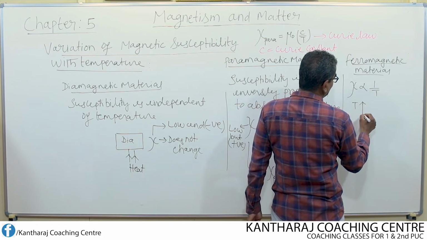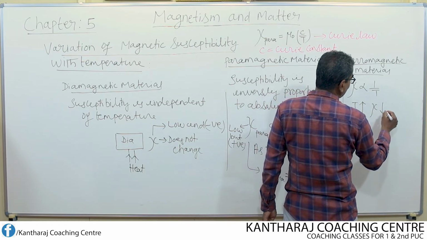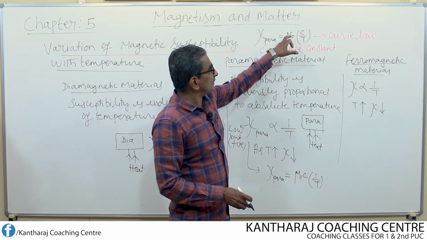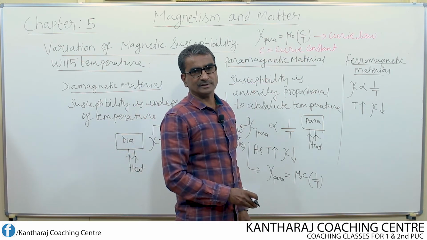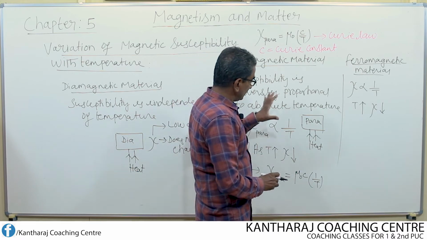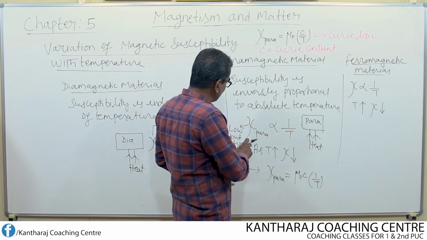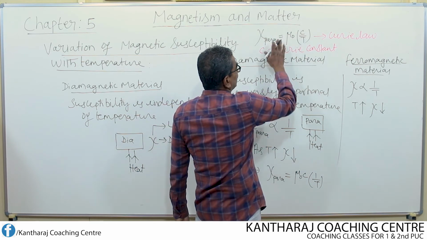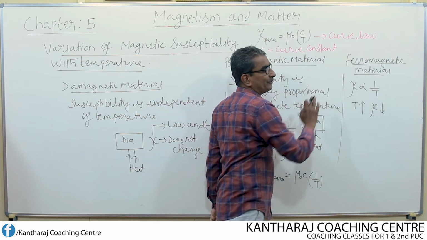That means as T increases, susceptibility decreases. See, here C is known as Curie constant. And this statement, that is the property itself, is nothing but the Curie law. And this is nothing but the mathematical form of Curie law.